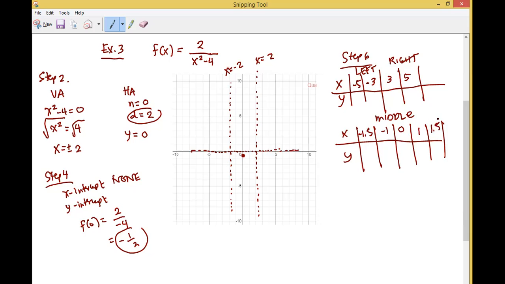You could pause this video and solve for the values of y. But you could also solve it this way. So it's 0.095 for 3, that's 0.4. Same with the other side.